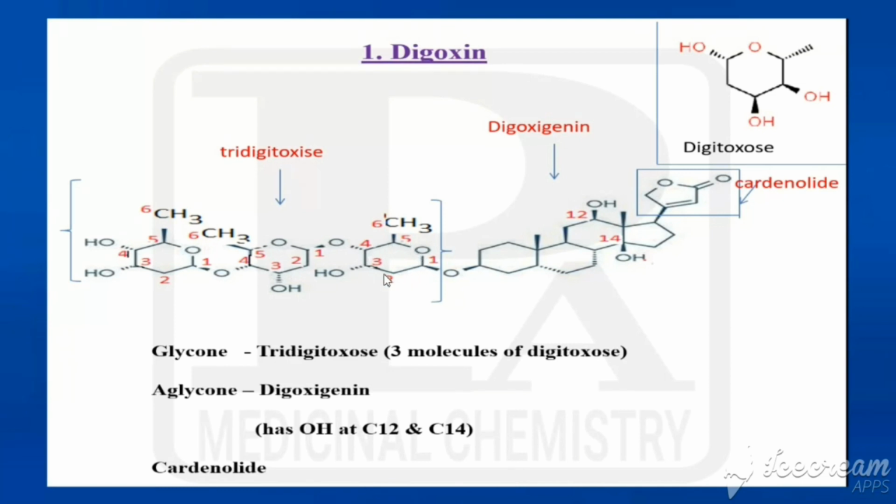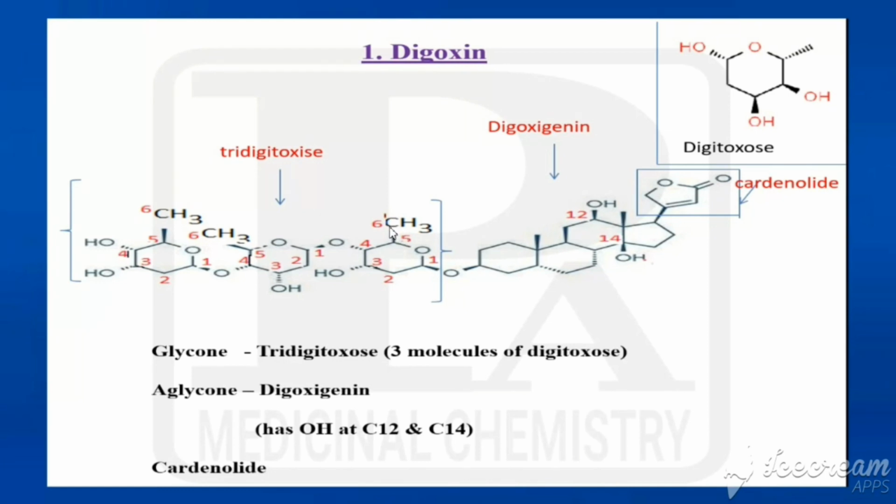First, it has one 6-membered heterocyclic ring, that is a sugar, the digitoxose sugar, which has an oxygen within the ring. The first position has an OH, and that OH would be connected here. At the first, third and fourth positions it has hydroxy groups: OH, OH, OH, and this would be the 5th position.